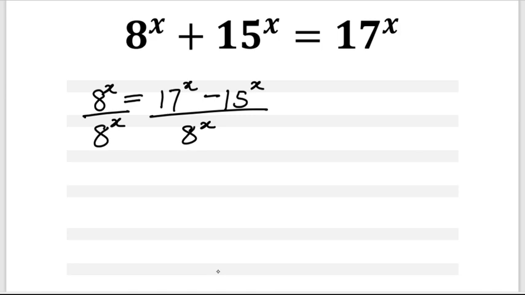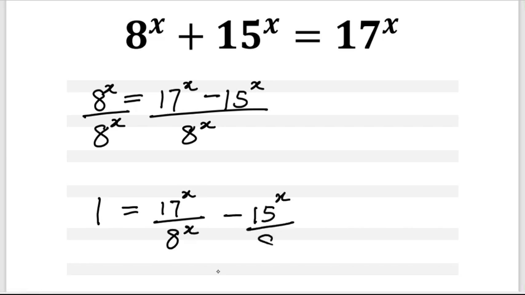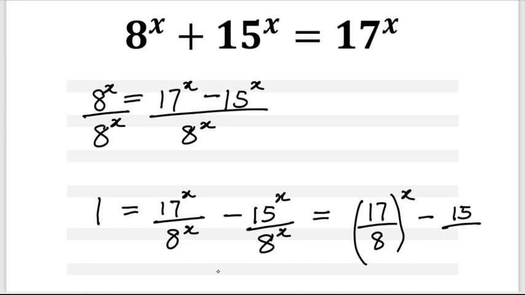and we'll have 1 equals 17 to the power of x over 8 to the power of x minus 15 to the power of x over 8 to the power of x. And this is the same as (17 over 8) all to the power of x minus (15 over 8) all to the power of x.